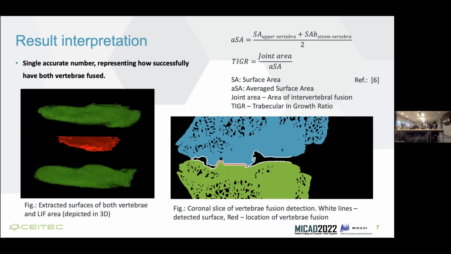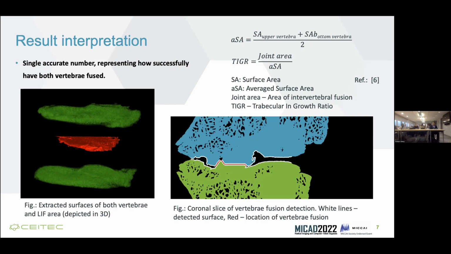You can see in this figure that since those two surfaces are extracted, they are consequently constrained to just a one-voxel-wide surface, and based on this we can estimate what we call the TIGER value, an abbreviation for trabecular ingrowth ratio, which is basically the ratio between the surfaces of the vertebra and the joint area.